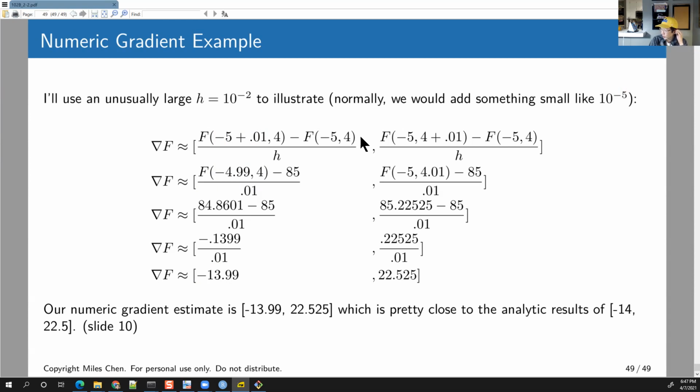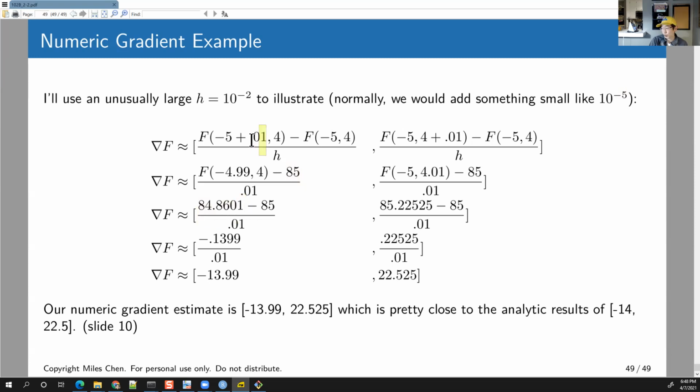And we say, when at the original location, -5, 4, the value is 85, okay? So how much did the function change when I added 0.01 to x1, okay? Well, if you use -4.99 here, you're going to get just a slightly different value, 84.86, okay?